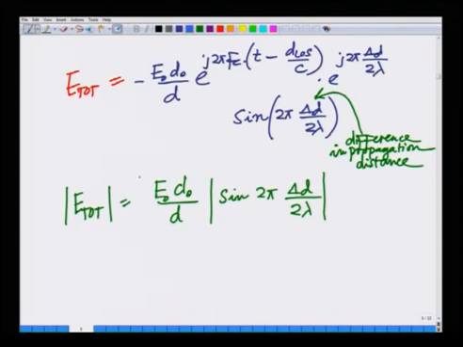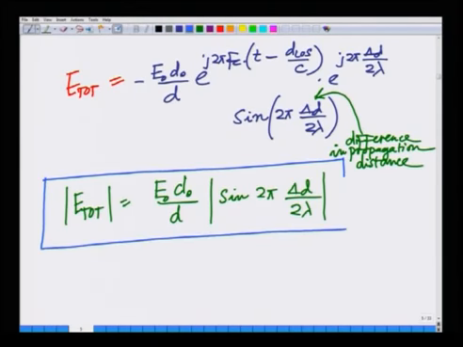And this is essentially the expression that we have for the net magnitude, where delta d, let me remind you again, is nothing but dg minus dLOS.